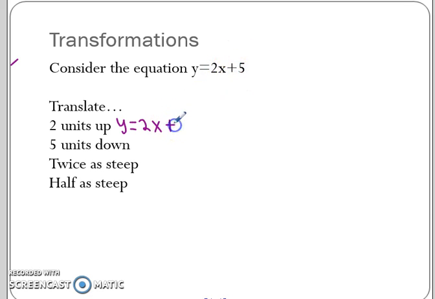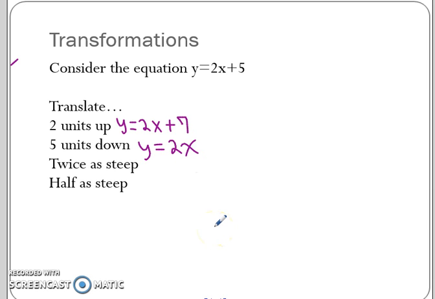So this is going to be plus 7. So I add 2 to 5. And then if I move 5 units down, from 5, subtract 5. So 5 minus 5 is 0. So y equals 2x plus 0, which is 2x.